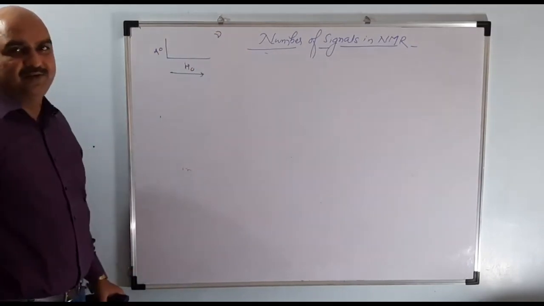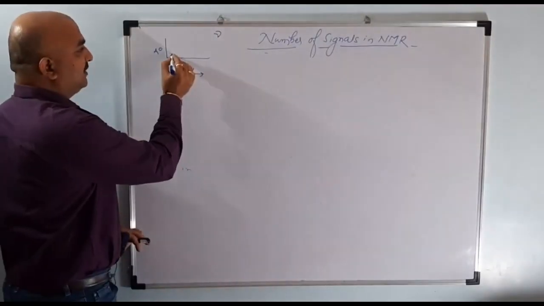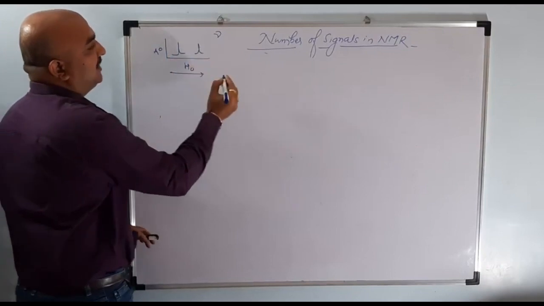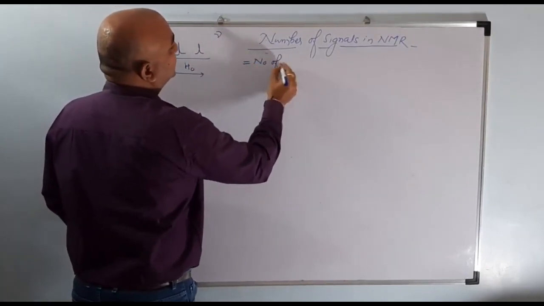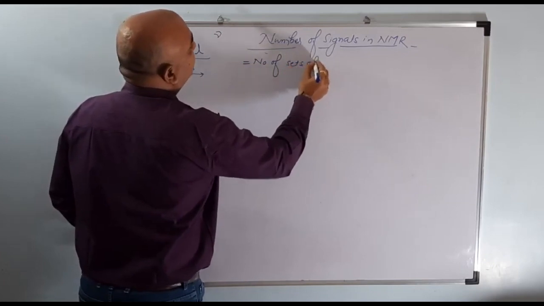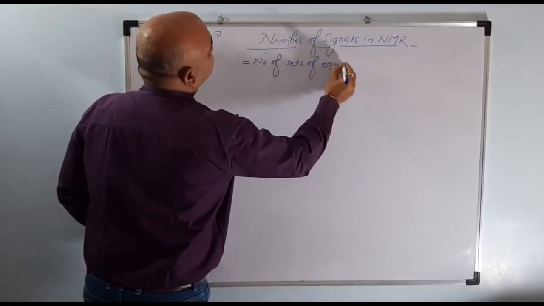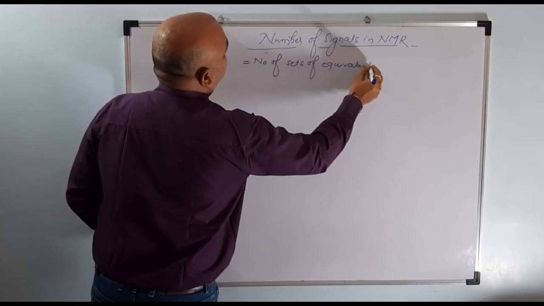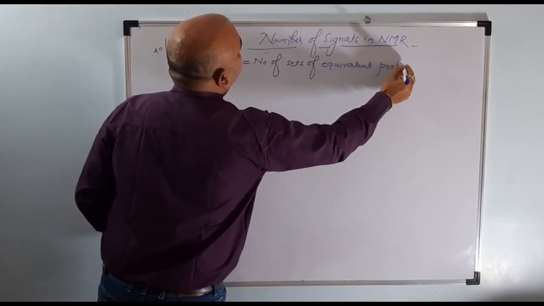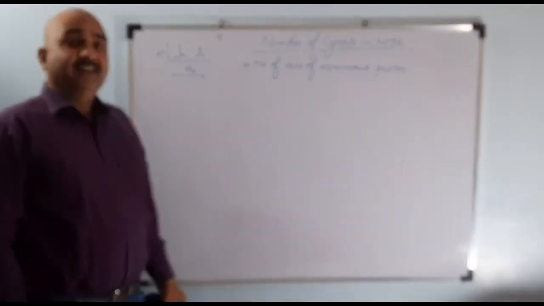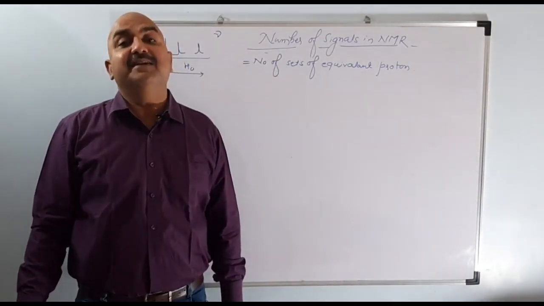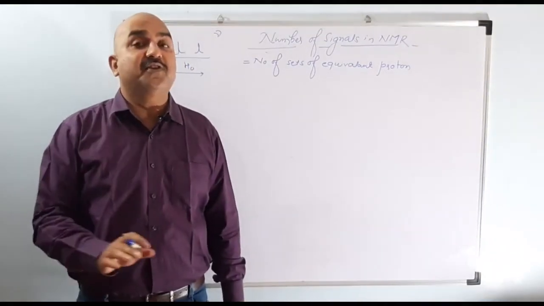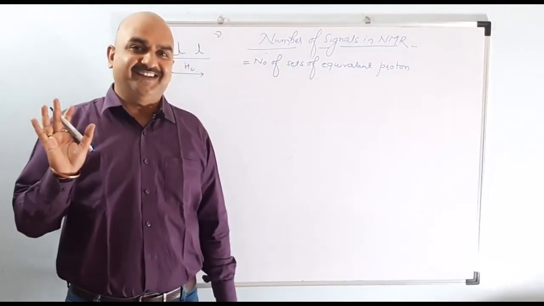So this is the most important. Now the article in which we are going to put number of signals: number of signals is equal to number of sets of equivalent protons. And we have given one interesting statement. Chemically equivalent protons are always magnetically equivalent, but magnetically equivalent protons are not always chemically equivalent.